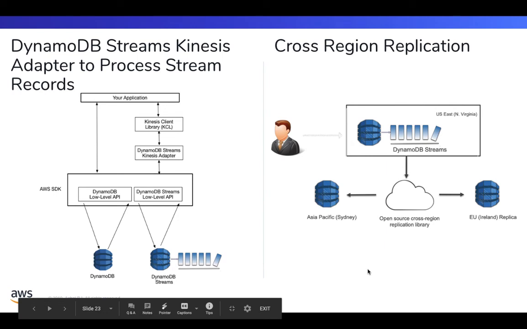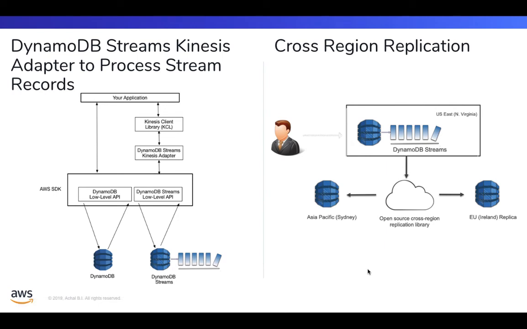With streams, you could have a number of applications. You could use many of the AWS services along with a DynamoDB stream, and with DynamoDB stream and Lambda, you could build messaging applications.